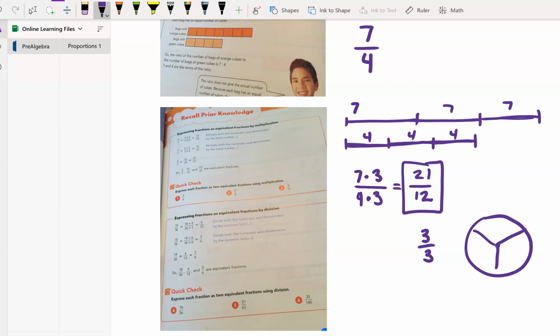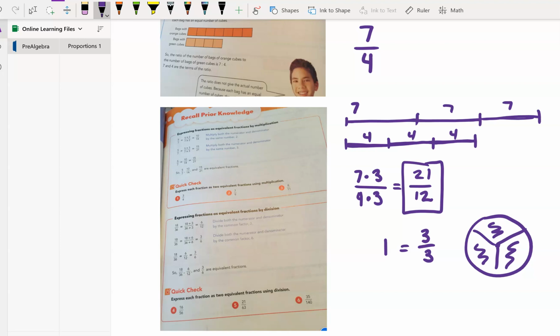So we know if we take 3/3, we're going to have 1 whole. So it's important to remember when you're working with fractions that if you have a number divided by itself, that is always equal to 1. That is going to help you with creating equivalent fractions as you move forward.